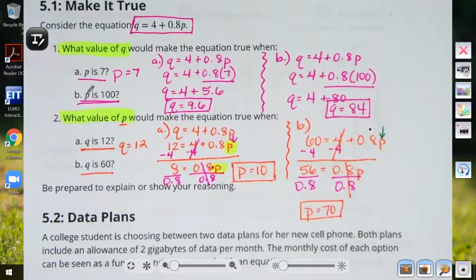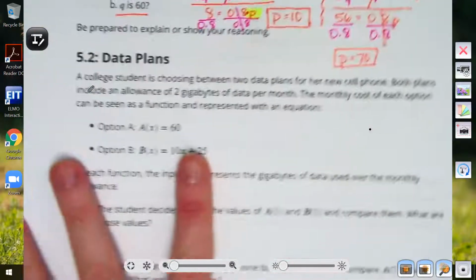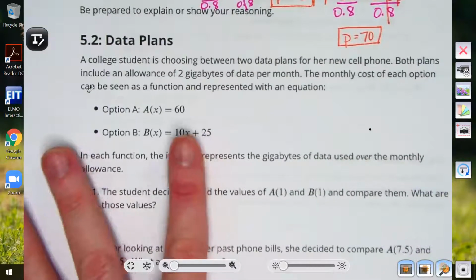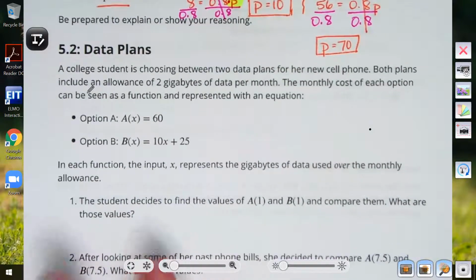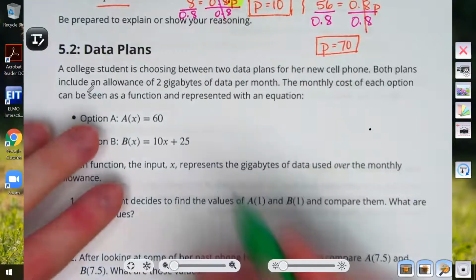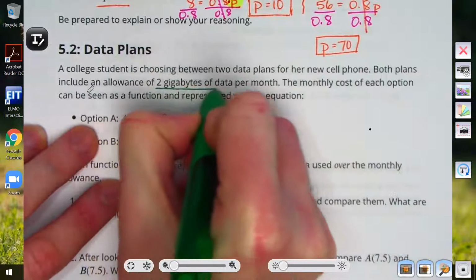Okay, here we go. 5.2. Data plans. We're used to those. We mostly all have cell phones. All right, we have a college student who is choosing between 2 data plans for her new cell phone. Both plans include an allowance of 2 gigs of data per month.